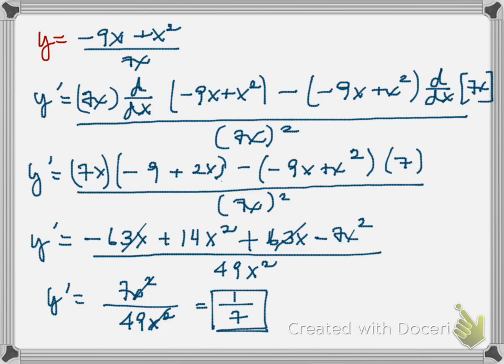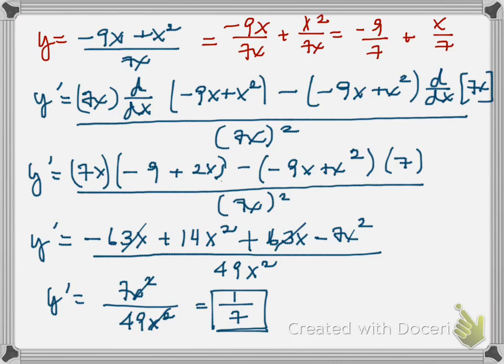This quotient could have been simplified. I'm not going to do it the second time, but certainly we could have done this. Negative 9x over 7x plus x squared over 7x, simplified this, so negative 9/7 plus x over 7, and taking the derivative of this.